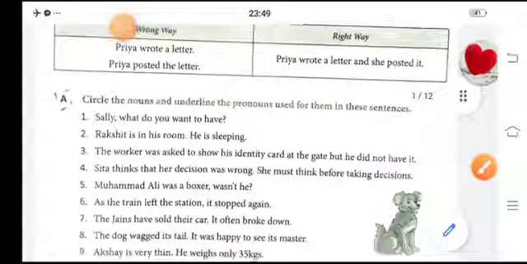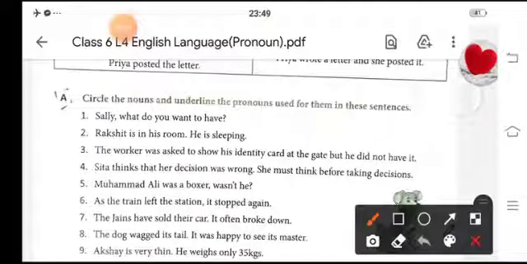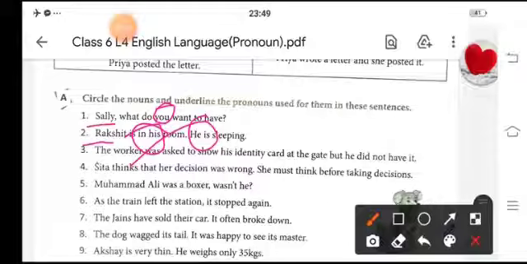Exercise 1a: we have to circle the noun and underline the pronoun. Sally, what do you want to have? Rakshit is in his room. He is sleeping. The worker was asked to show his identity card at the gate, but he did not have it.